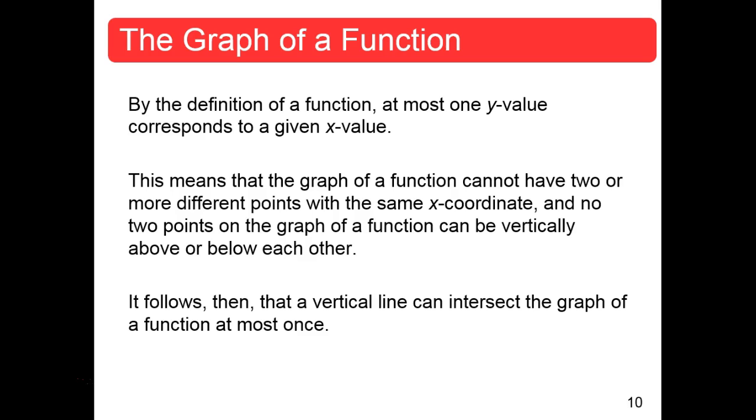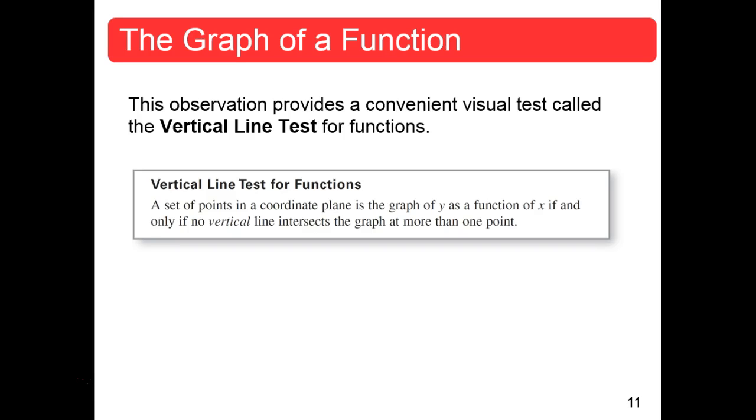It's called the vertical line test. That observation provides a convenient visual test called the vertical line test for functions. Here's what it says. A set of points on a coordinate plane is the graph of y as a function of x if and only if no vertical line intersects the graph at more than 1 point. If it does, it's not a function.